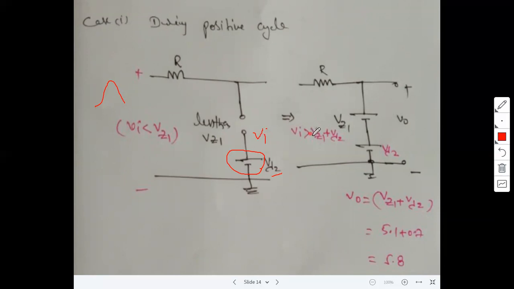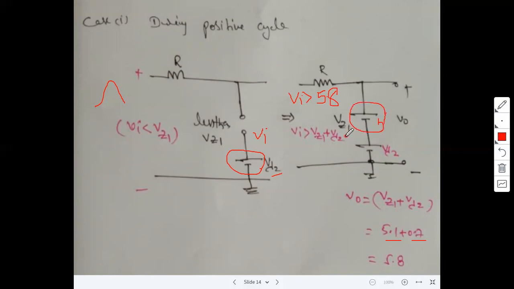Now another case, when Vi is greater than Vz1, the breakdown voltage, plus V gamma 2. Suppose here the breakdown voltage is 5.1 and V gamma 2 is equal to 0.7, total 5.8. So whenever the input voltage is greater than 5.8, here I am considering some typical values, then the second Zener diode acts as a normal diode having some V gamma.